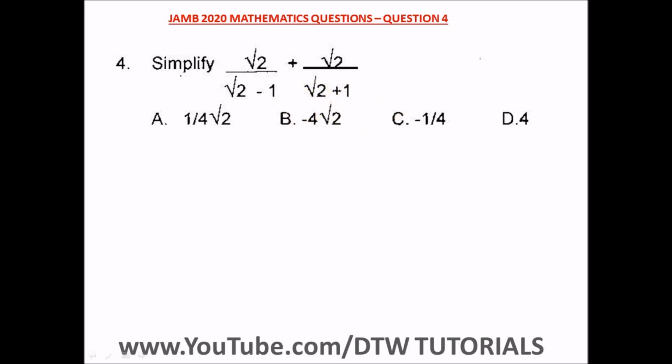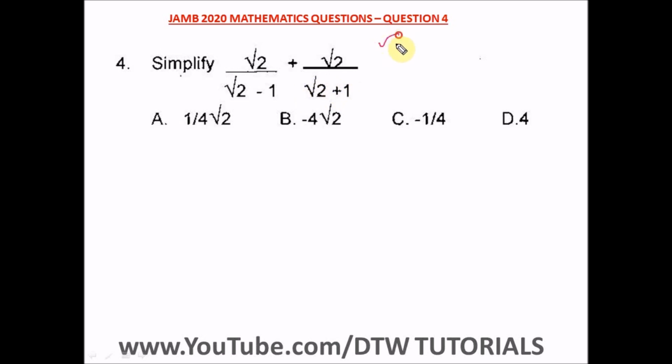If you recall, this is a topic in surds, this is a question under surds. So we have to solve this by first and foremost looking for the LCM of root 2 minus 1 and root 2 plus 1.